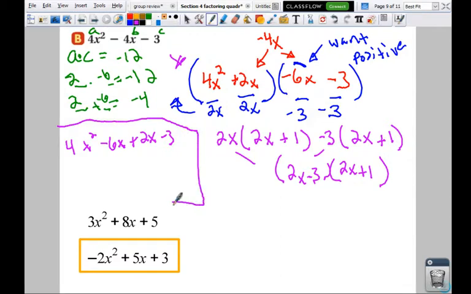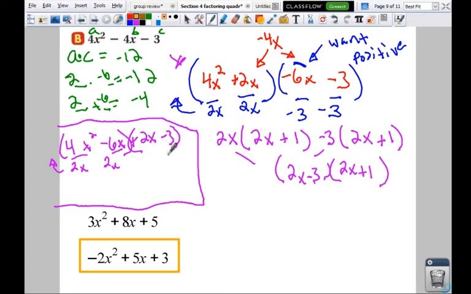When we factor something out, the first one is pretty easy. I take out a 2x from the first parentheses, right? What about on the second parentheses? What can I factor out of a 2x and a minus 3? Nothing. A 1. So I always have to take something out.